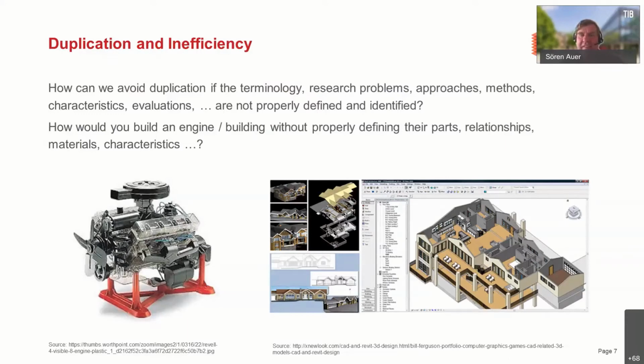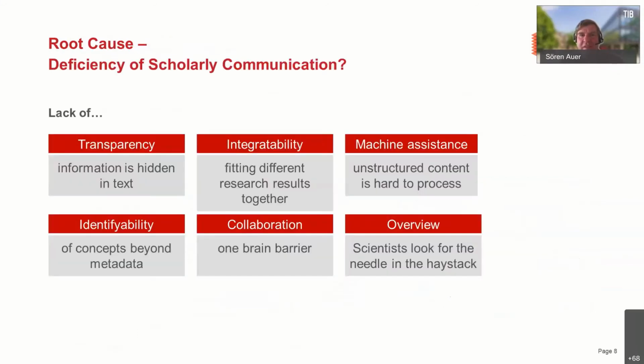And I think in research and science, we should build a building of wisdom, right? So the things we describe in papers should fit together. They should be comparable. They should be described so that we can actually generate new knowledge without drowning in this flood of publications.